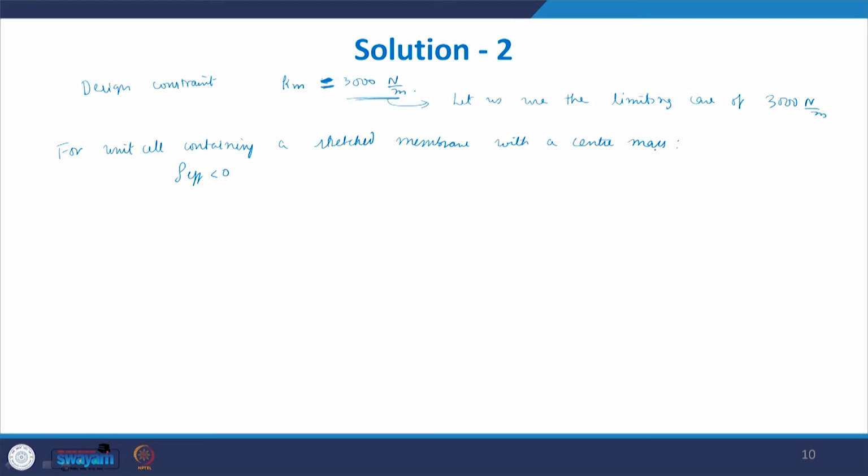Let us just put it this way: this particular unit cell with a stretched membrane and a center mass will act as a barrier material, or it will block sounds, when rho effective is less than 0. And therefore, the range in which this will be acting as a barrier material is when rho effective is 0.